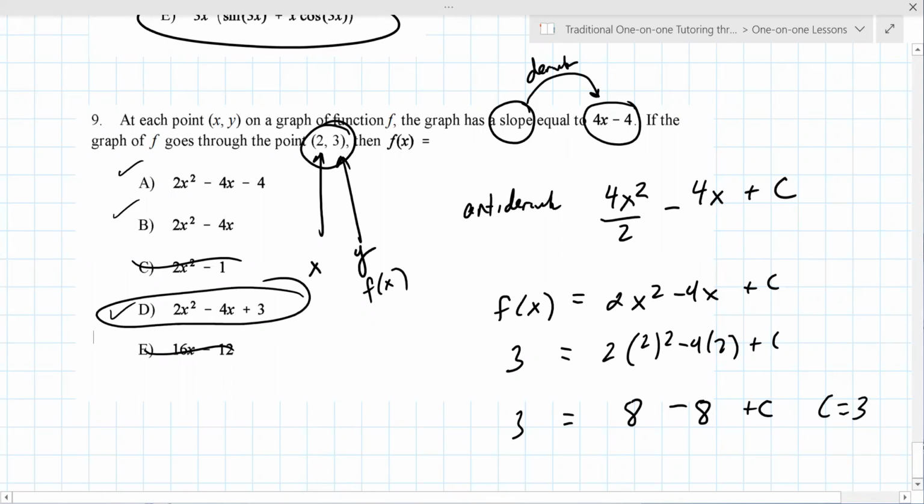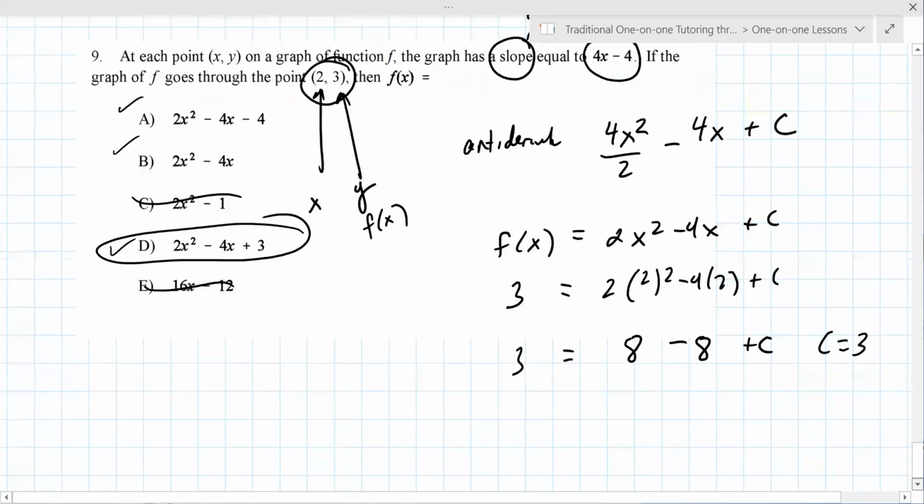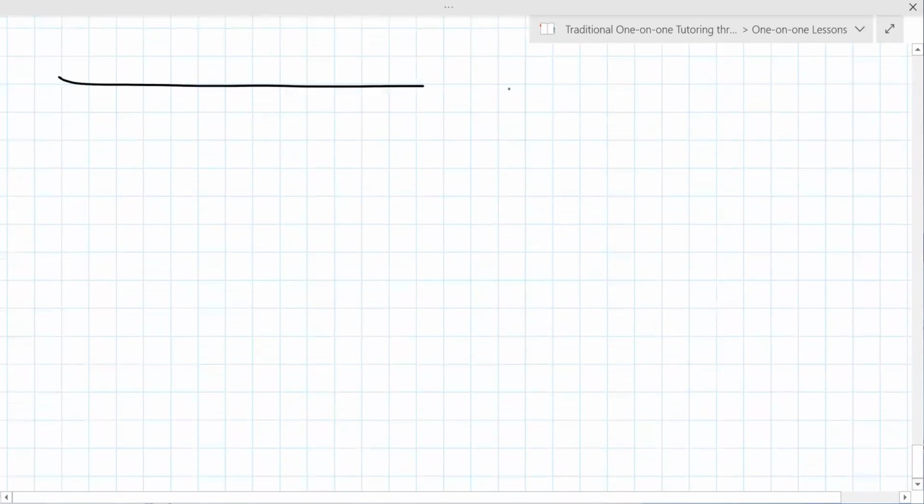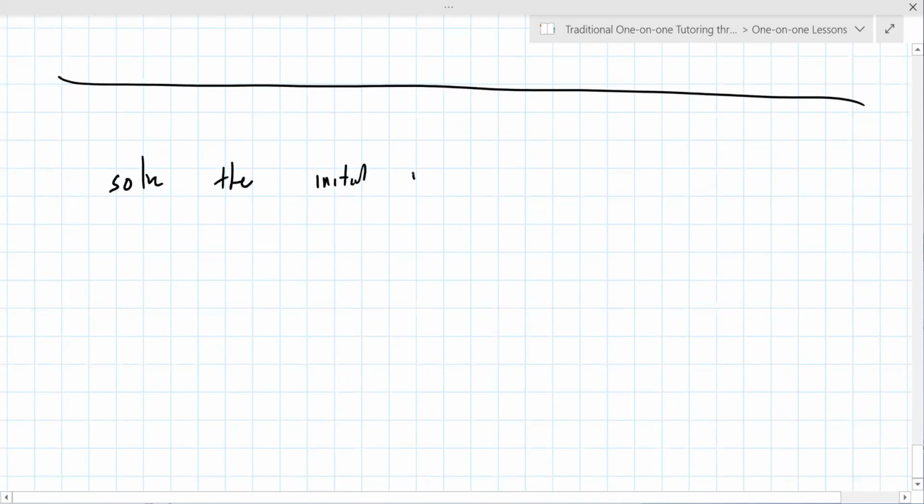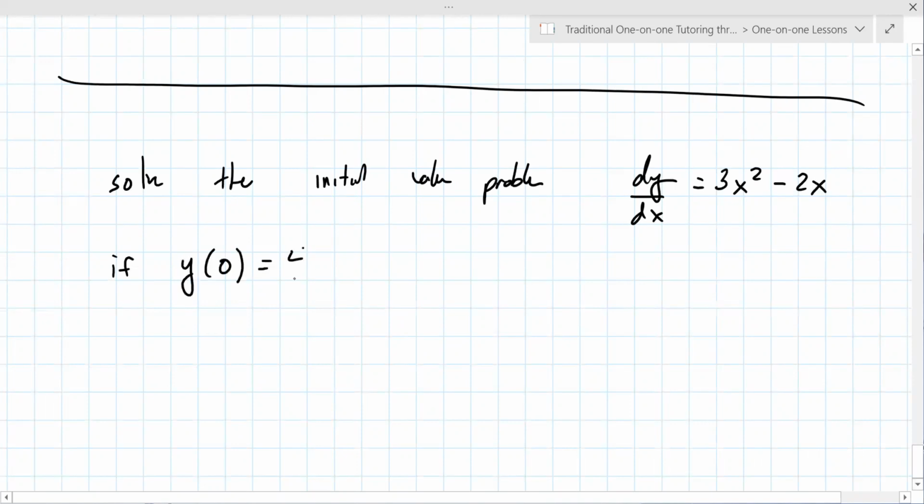This problem can be presented in a variety of ways. For example, I could tell you to solve the initial value problem, which sounds really scary. dy/dx equals 3x squared minus 2x if y of 0 equals 4.